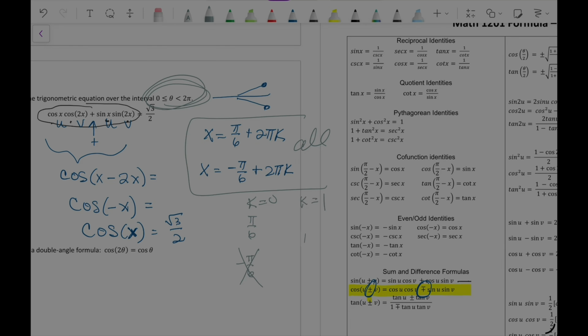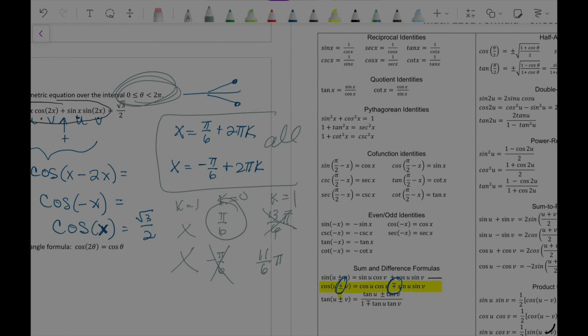Well, that's too big. That's bigger than 2 pi. And the bottom one will become negative pi over 6 plus 2 pi, which is 12/6 pi, right? So we'll get our positive 11/6 pi there. If I continued going and did k equals 2, I would find they would both be out of range. And if I did a negative 1, well, the bottom one would already be negative and the top one would become negative. So these are the only two solutions.